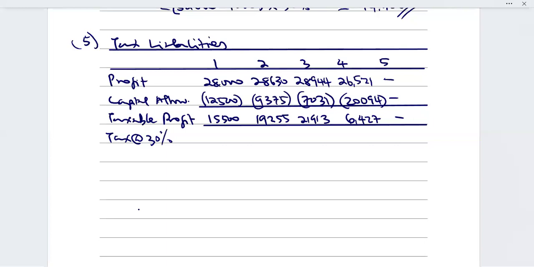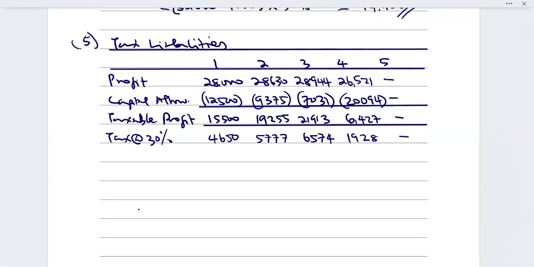So what's 30% of 15,500? 4,650. 30% of 19,255 is 5,777. Year 4, 1,928. Year 3, 6,574.